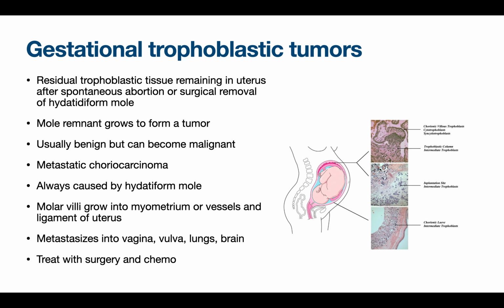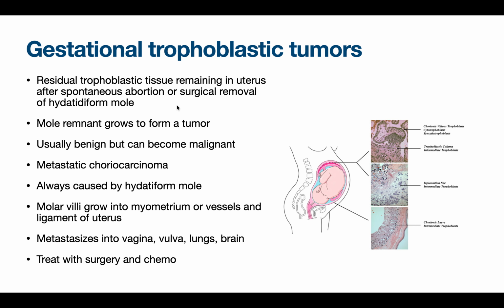The gestational trophoblastic tumors are the carcinomas that will spread, and they're caused by the residual trophoblastic tissue remaining in the uterus after a spontaneous abortion or surgical removal of the hydatidiform mole. This doesn't really mean that it's caused by a physical abortion.